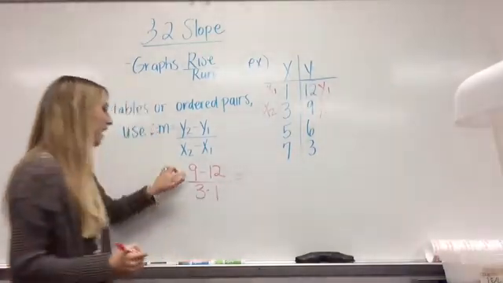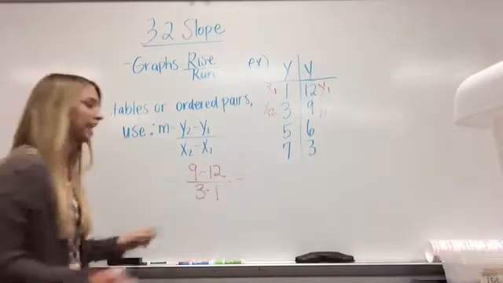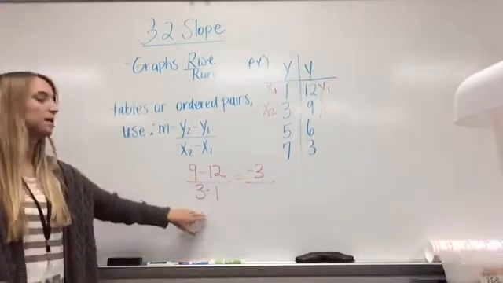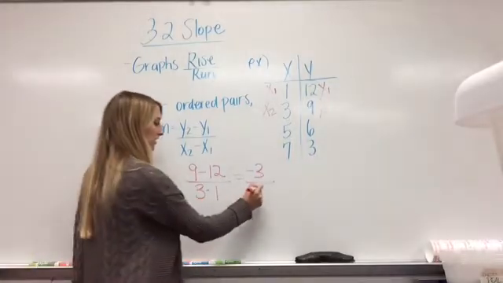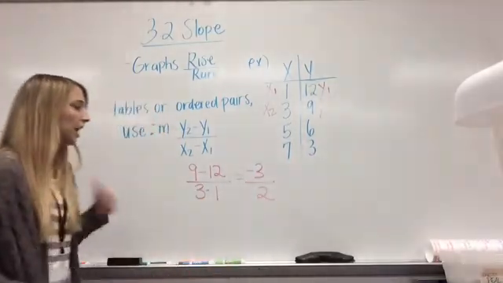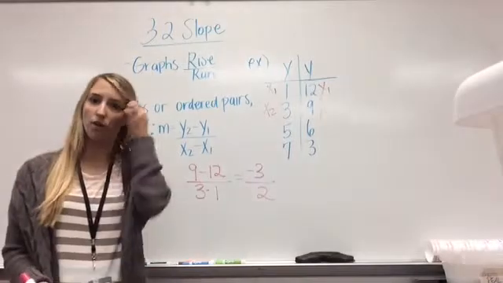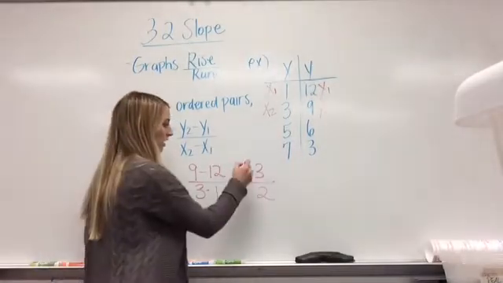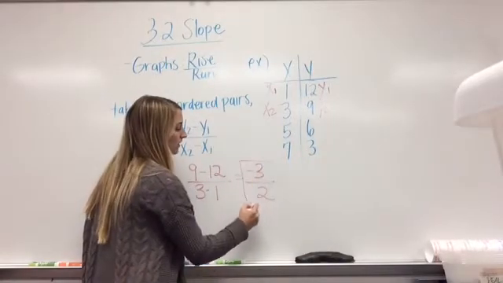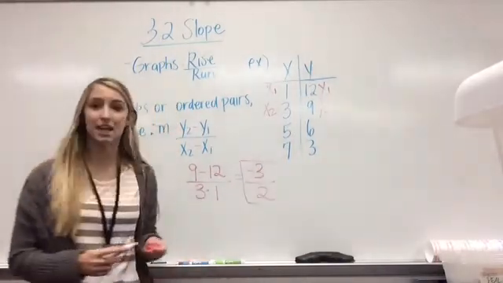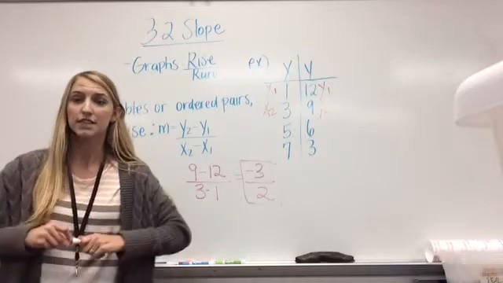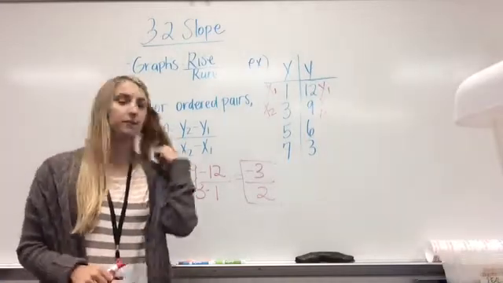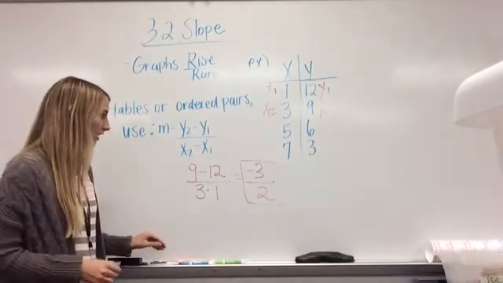So 9 minus 12 is negative 3. 3 minus 1 is 2. Can that be reduced any more as a fraction? No. 3 does not evenly go into 2. So our slope is negative 3 over 2. It's okay that slope is negative. That is totally allowed.